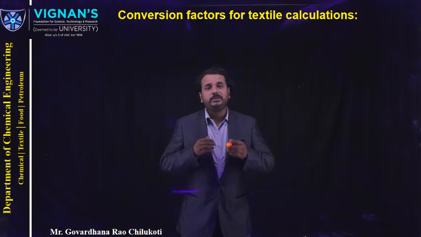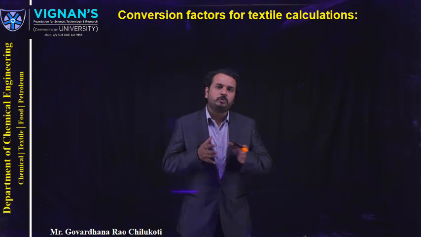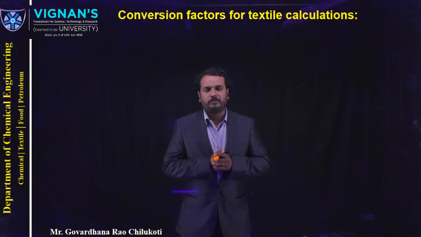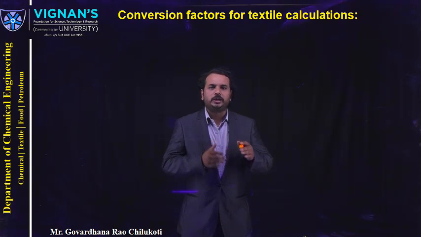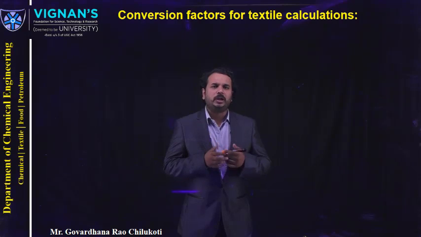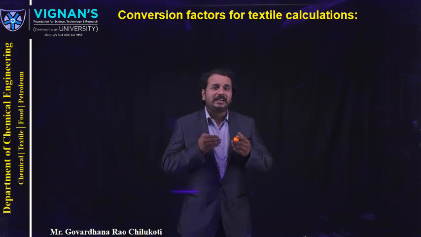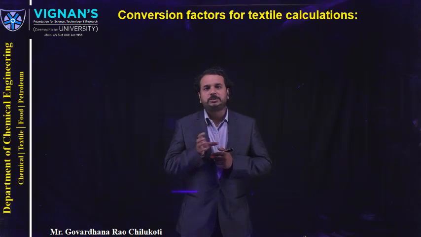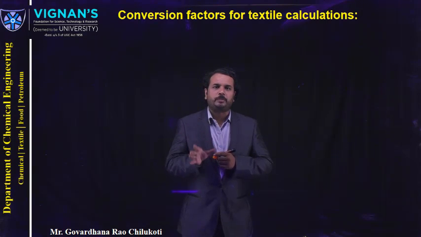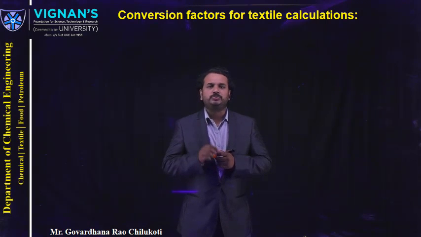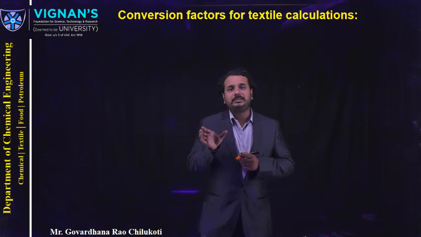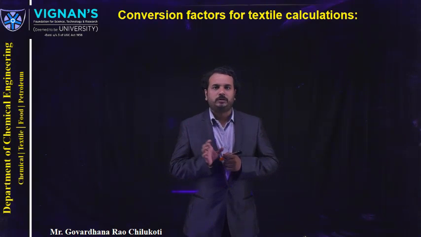I am not going to cover the different types of yarn numbering systems, as you already studied them; I am recalling that. In the indirect system, particularly for spun yarns, cotton spun yarns or PC blended spun yarns, we use the count, that is Ne, the English count.